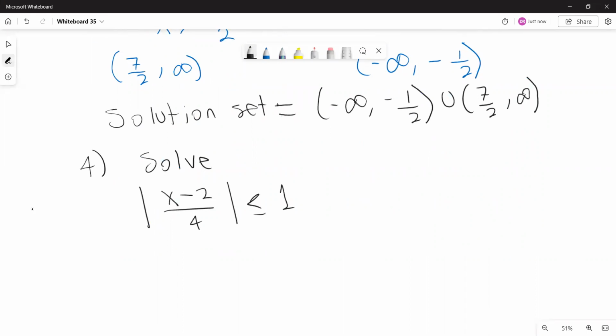That inequality involves less than or equal to, so we are going to treat it like a three-part inequality. Let's do that.